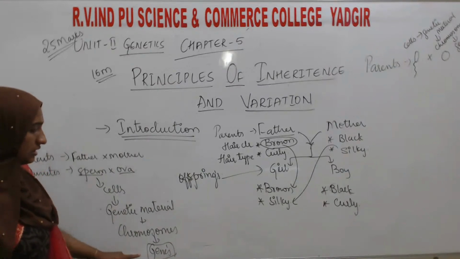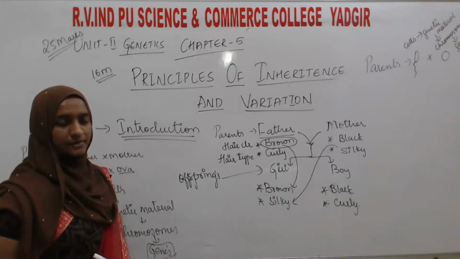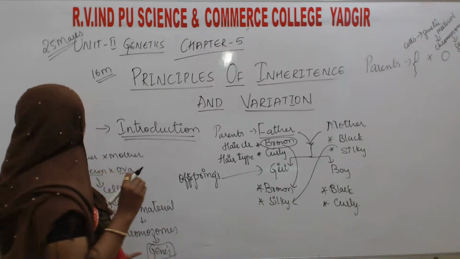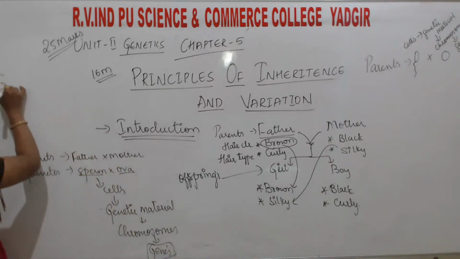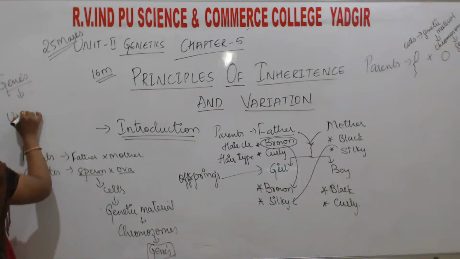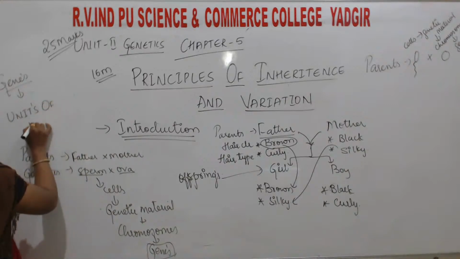So here, the genes are the units of heredity. What are the genes? The genes are the units of heredity. Here I will write: genes are the units of heredity.